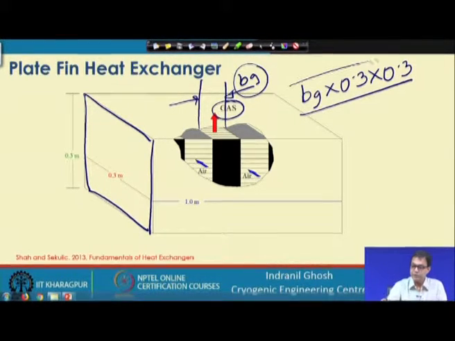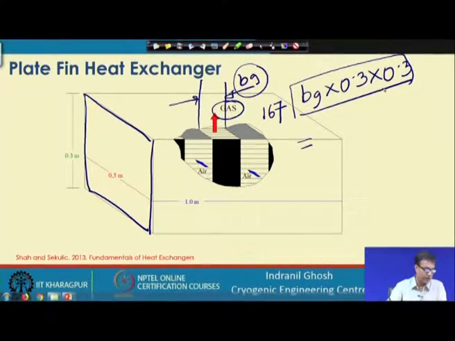How many such layers are there? We have N P equal to 167 such layers. So, this is the total volume between the plates on the gas side. So, this comes out to be 167 multiplied by B G into 0.3 into 0.3.